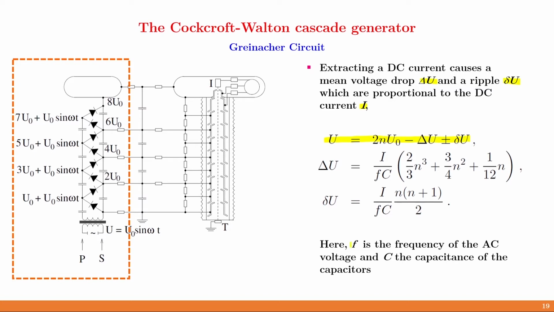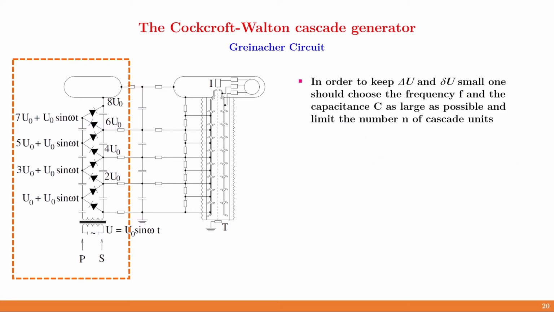In these expressions, f is the frequency of the AC voltage and C is the capacitance of the capacitors. In order to keep ΔU and δU small, one should choose the frequency f and the capacitance C as large as possible and limit the number n of the cascade units.